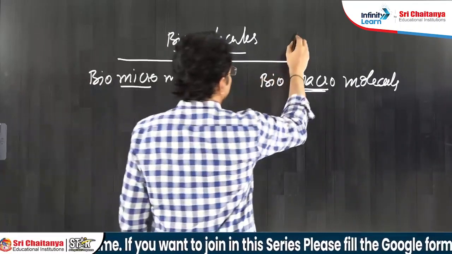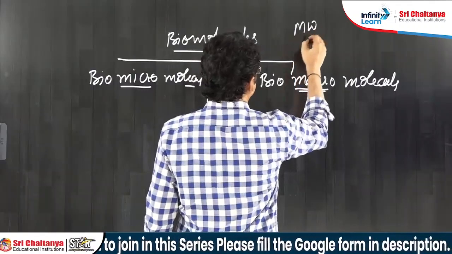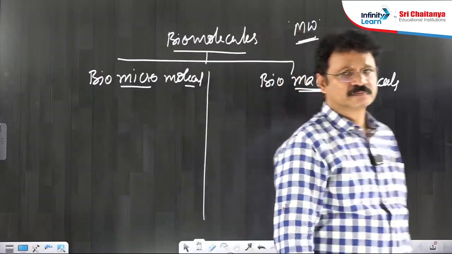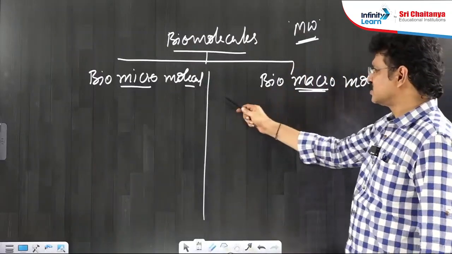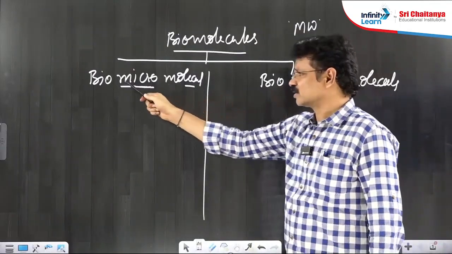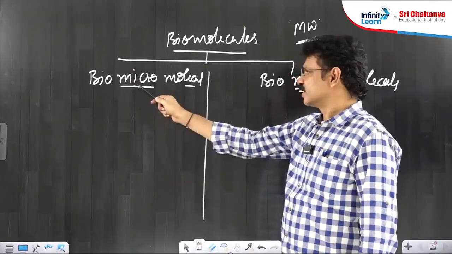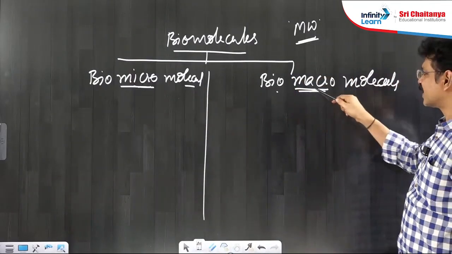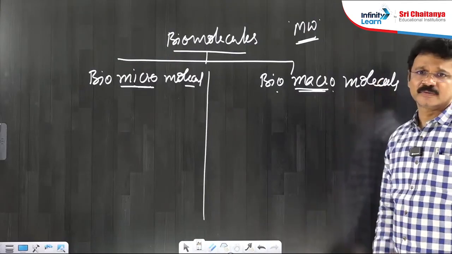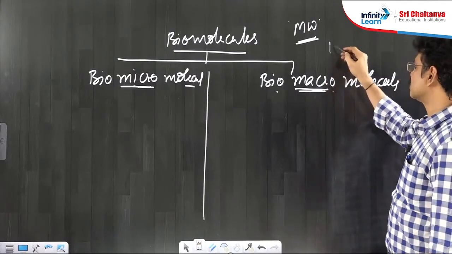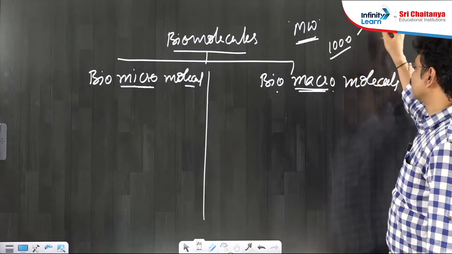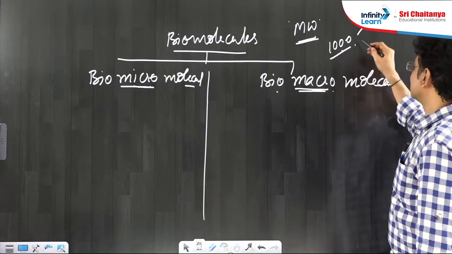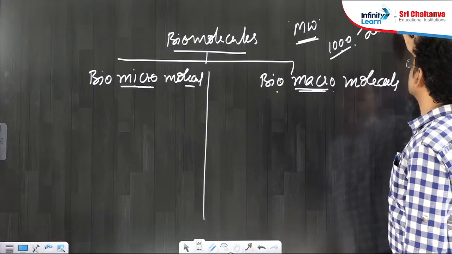Molecular weight is the main criterion to divide these chemicals into two categories. Molecular weight, MW. If the molecular weight is less than 1000 Daltons, such molecules are classified as micromolecules. If the molecular weight of a biomolecule is greater than 1000 Daltons, they are biomacromolecules. Their molecular weight is up to a few thousand or millions of Daltons.